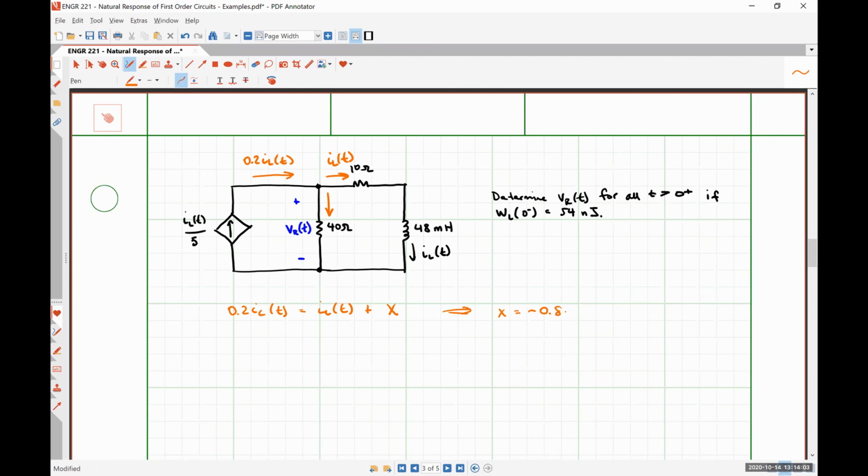Negative 0.8 IL of t, absolutely right. So based on that analysis, VR of t in terms of IL of t is going to be what?